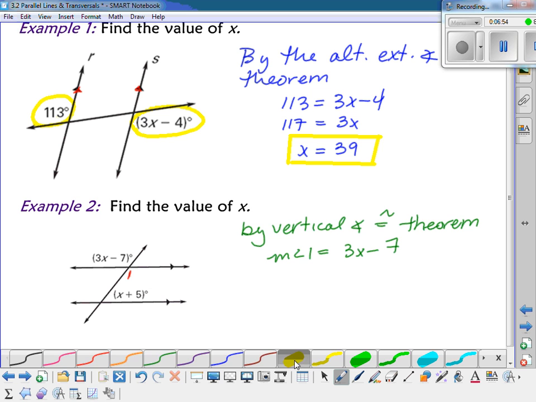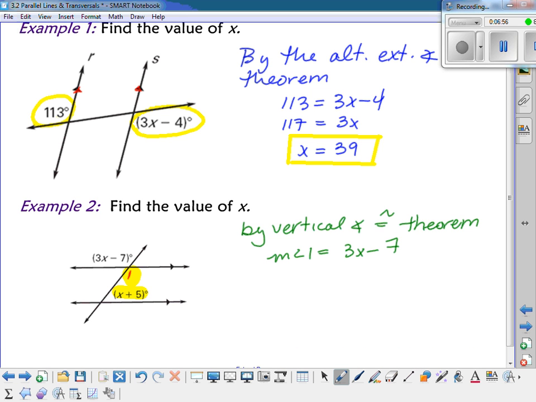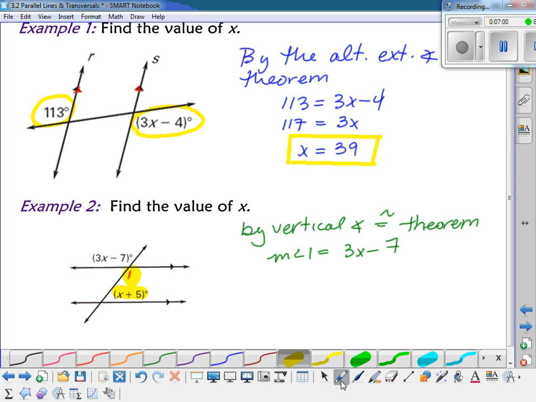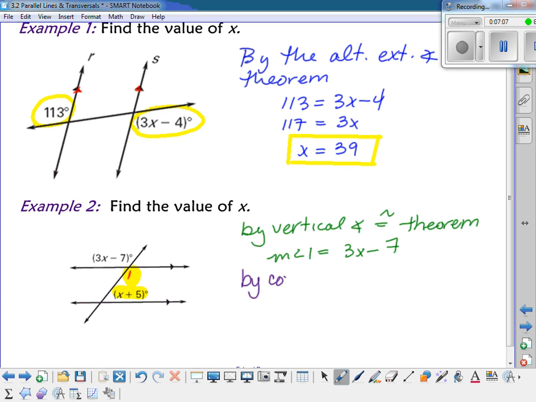Now I'm looking at angle 1 and the angle that has a measure of x plus 5. Those are consecutive interior angles. And so by the consecutive interior angle theorem, I know that they are supplementary. So the measure of angle 1 plus x plus 5 is going to have to equal 180.